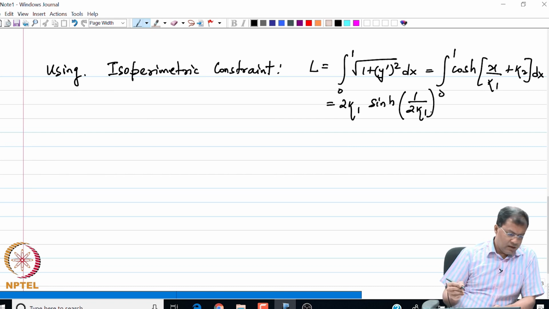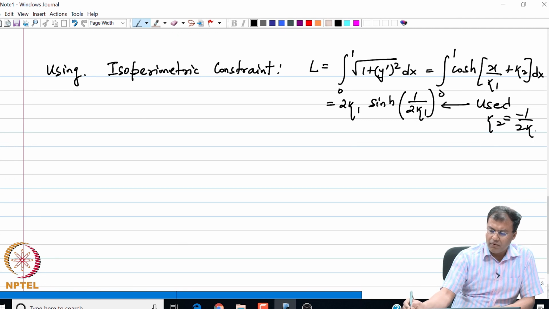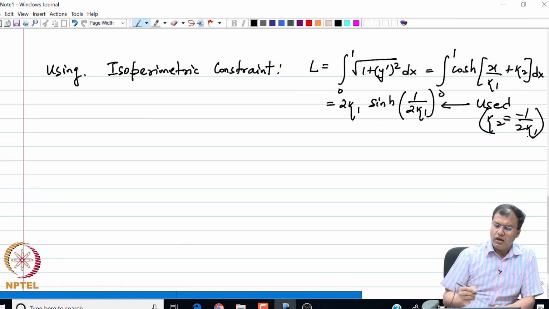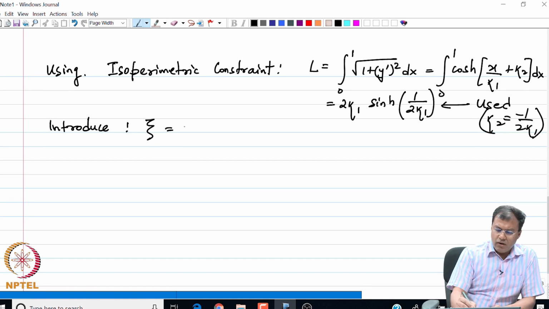Here we have used the fact that kappa 2 is equal to negative 1 by 2 kappa 1, to eliminate kappa 2. So, let me introduce another variable, xi equal to 1 by 2 kappa 1.